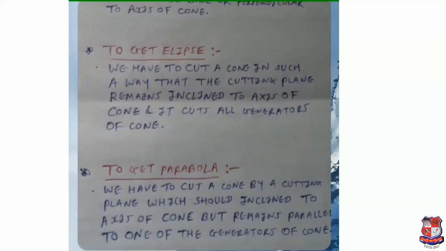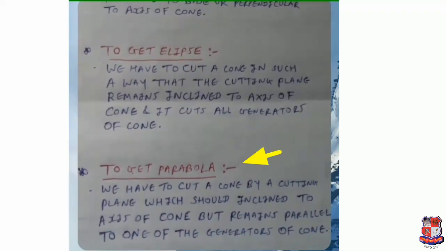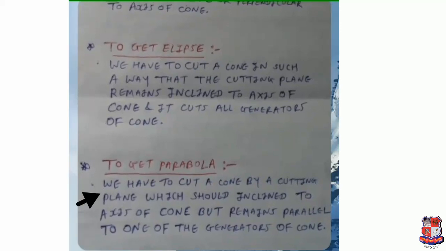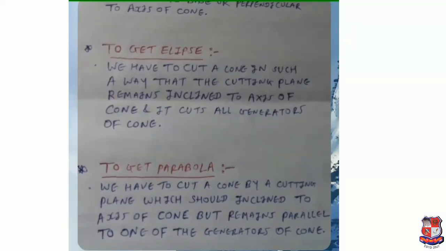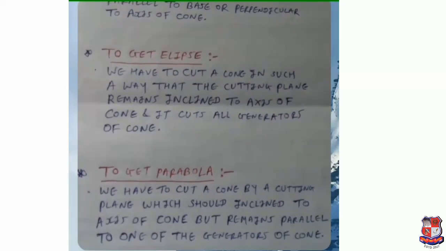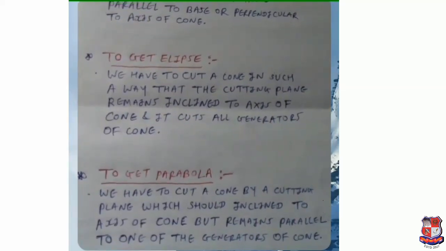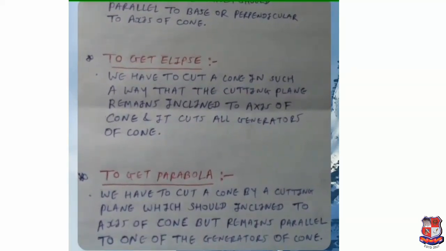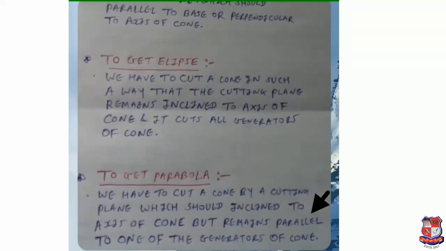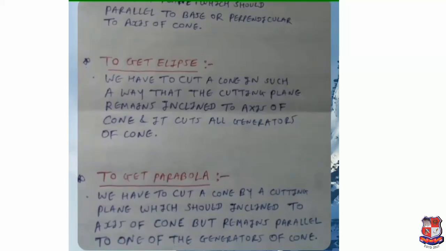Then after we talk about parabola. So for getting parabola, what you have to remember? We have to cut a cone by a cutting plane which should be inclined to the axis of the cone but remains parallel to one of the generators of the cone. Here you have to remember, it remains parallel to one of the generators of the cone. Understood?